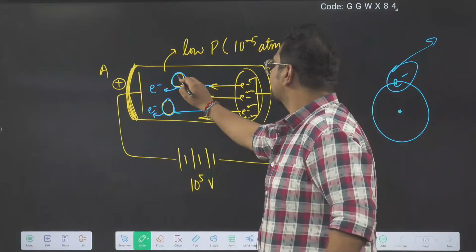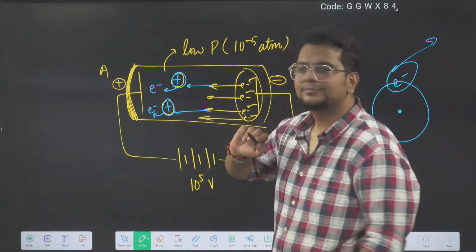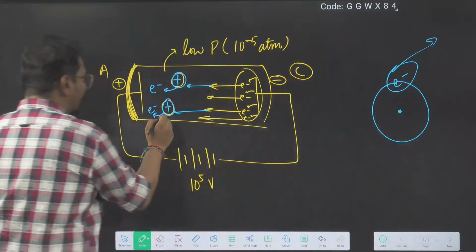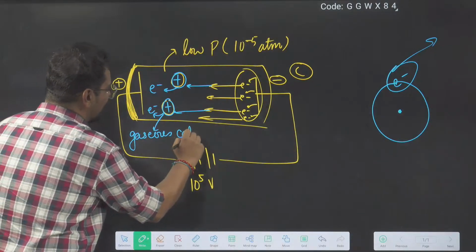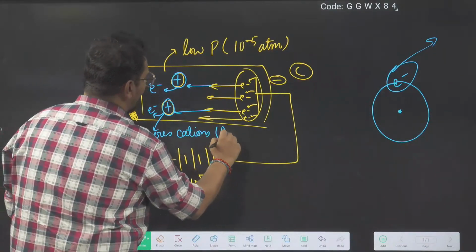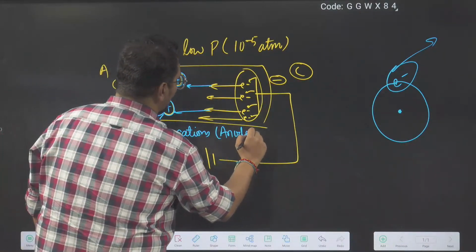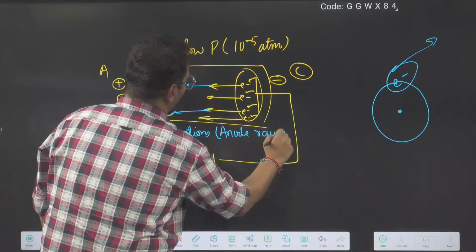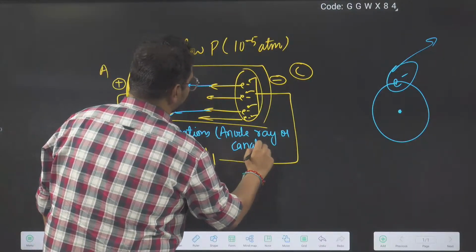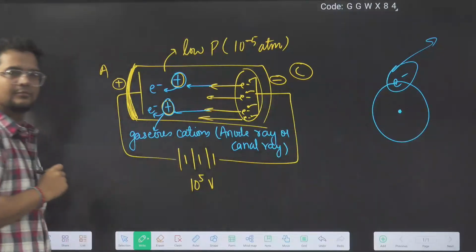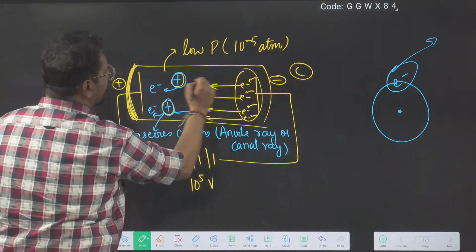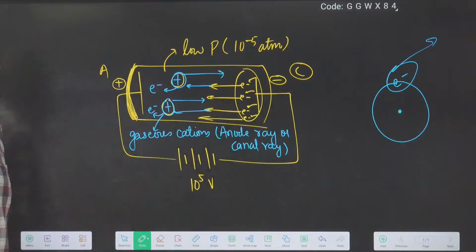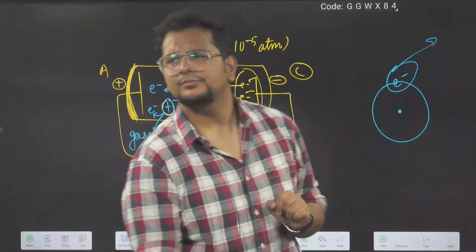Positive. This positive charge will be left. And these gaseous cations are called anode ray or canal ray particles. Because they are positive, they will start running towards the negative terminal. So the anode rays are moving towards the cathode.